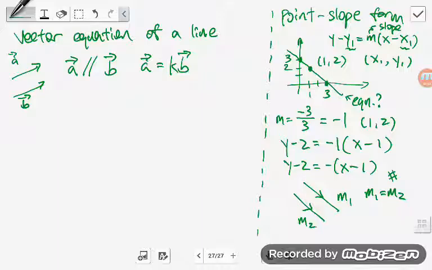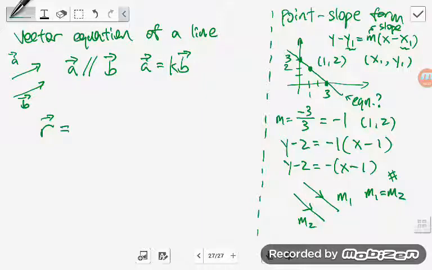So this is it. The vector equation of a line is simply, normally we use r to represent the vector equation.